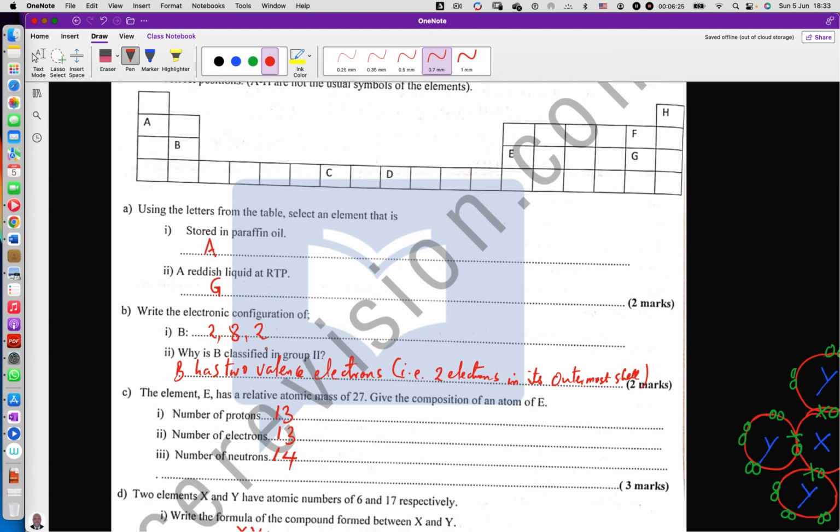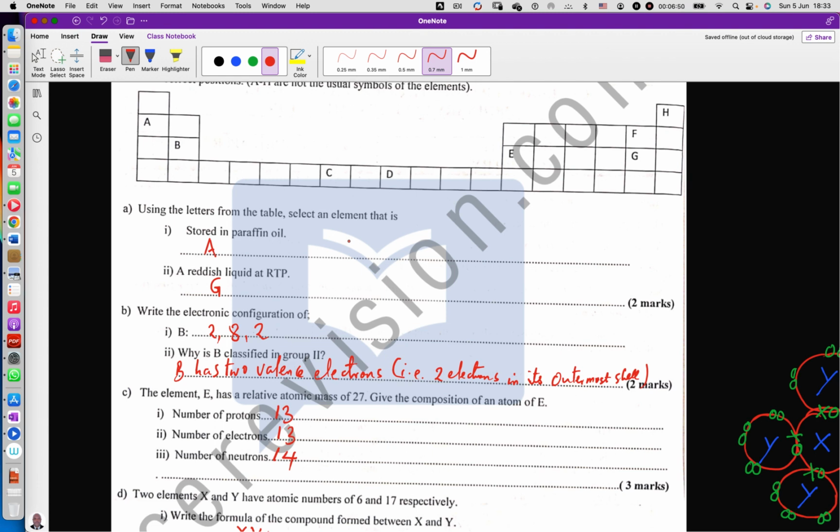Elements in group 2 have 2 valence electrons. Elements in group 3 have 3 valence electrons. Elements in group 4 have 4 valence electrons, right to group 17. Elements in group 17, or what is usually called group 7, have 7 electrons in their valence shell.